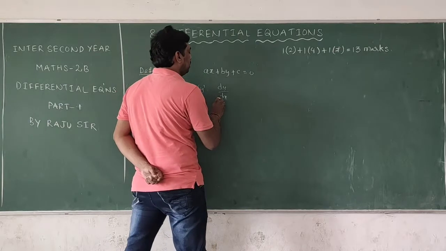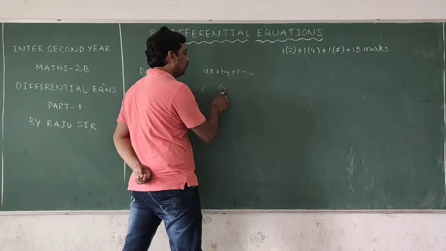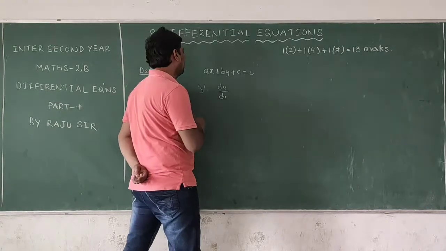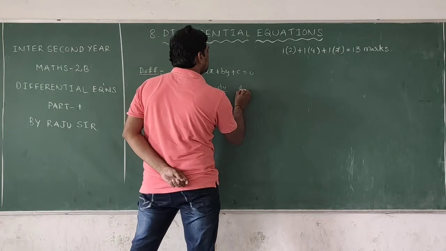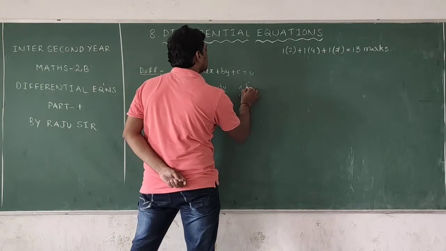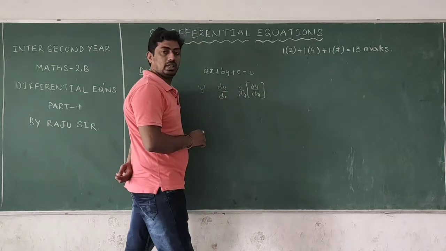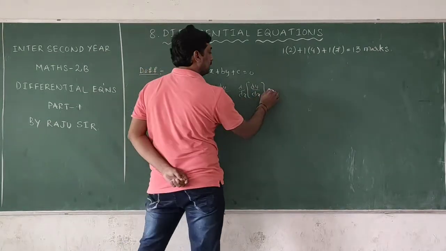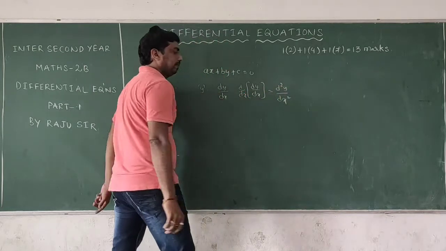Order means how many times we differentiate the given function. Here only one time. Next, the derivative of dy by dx means d by dx of dy by dx. Derivative again of this function can be written as d square y by dx square.